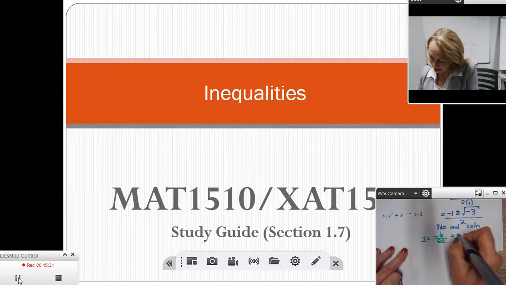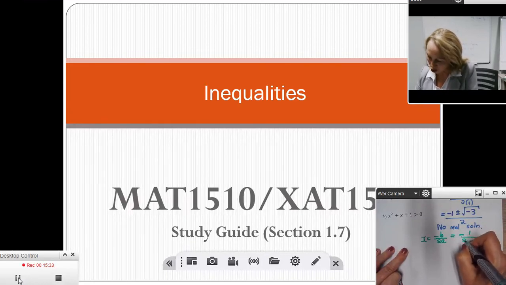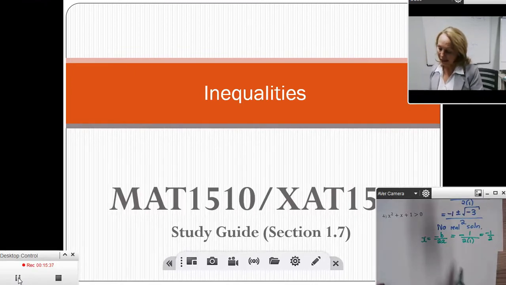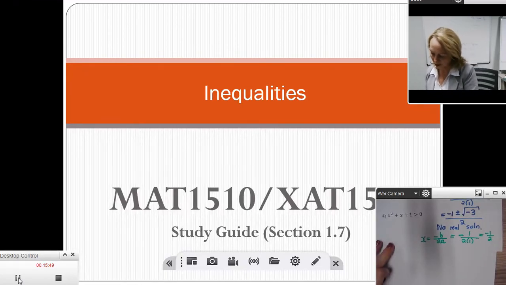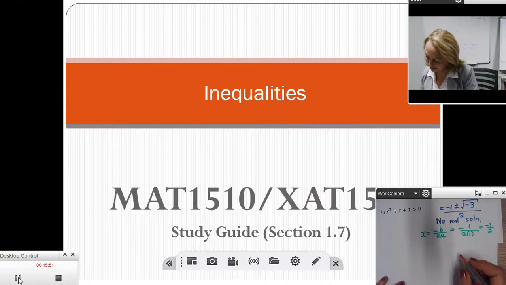So I get minus 1 over 2 times 1. Right, so I know that my parabola is symmetrical about the line x equals negative a half. It has a positive shape because the coefficient of x squared is 1. So it's a positive parabola.